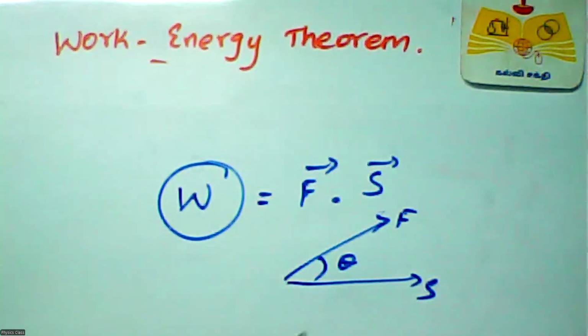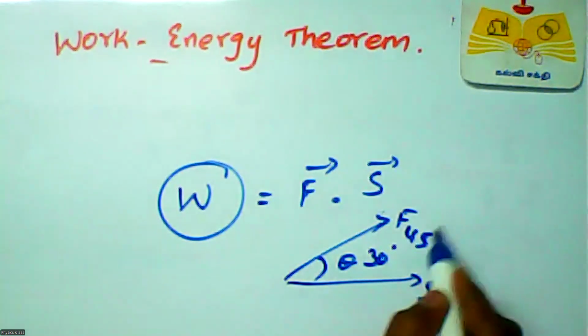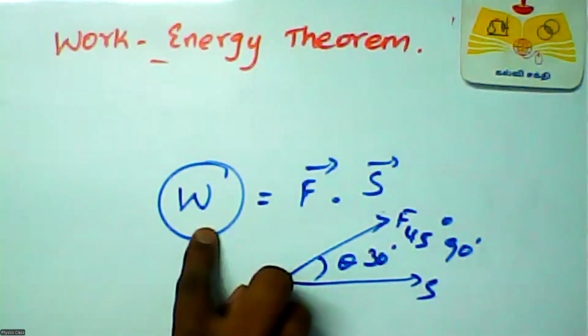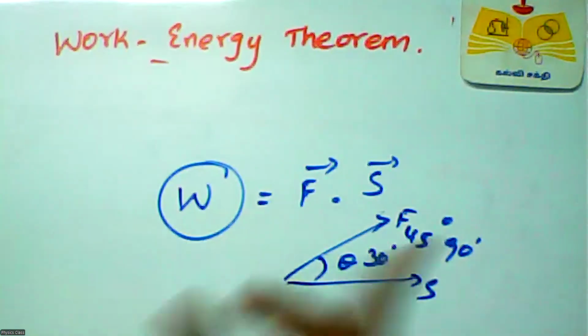You can push one object at a respective angle, maybe theta is 30 degrees or 45 degrees, whatever else. We cannot say only one angle is there. We can put whatever angle, theta 90 degrees, 45 degrees, but at the respective angle the value of work is changing.